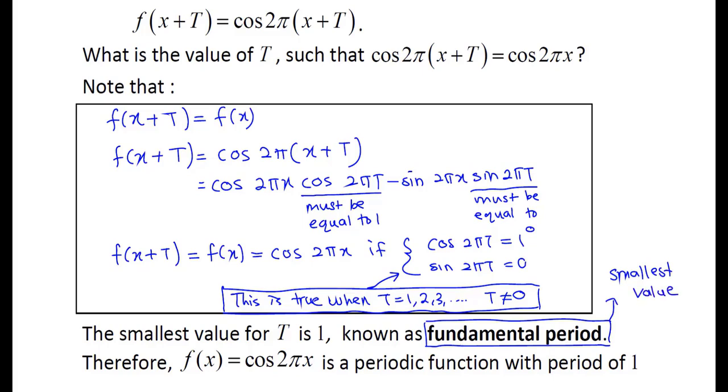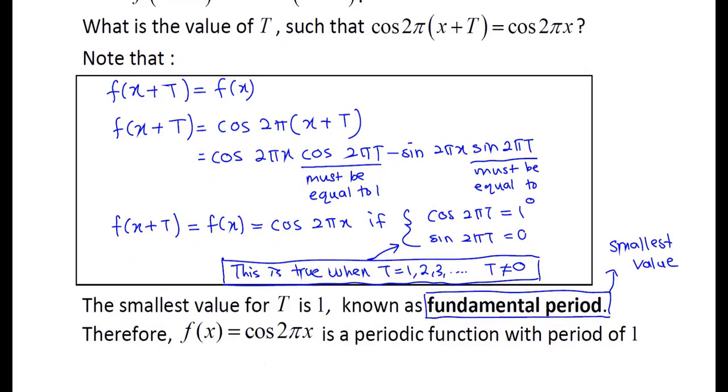So the answer is T equals 1. Don't forget what we showed. This is how to answer example 1, showing that f(x) is a periodic function.